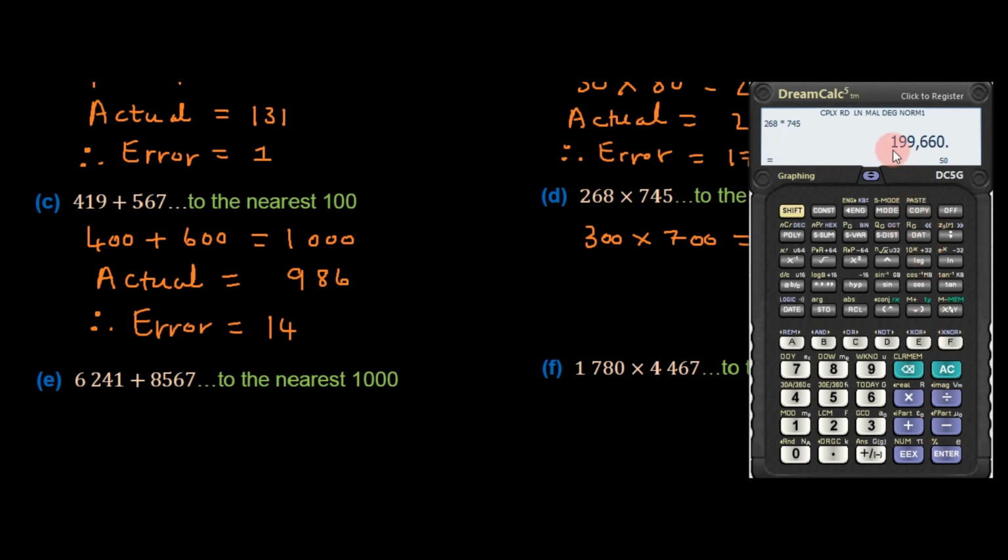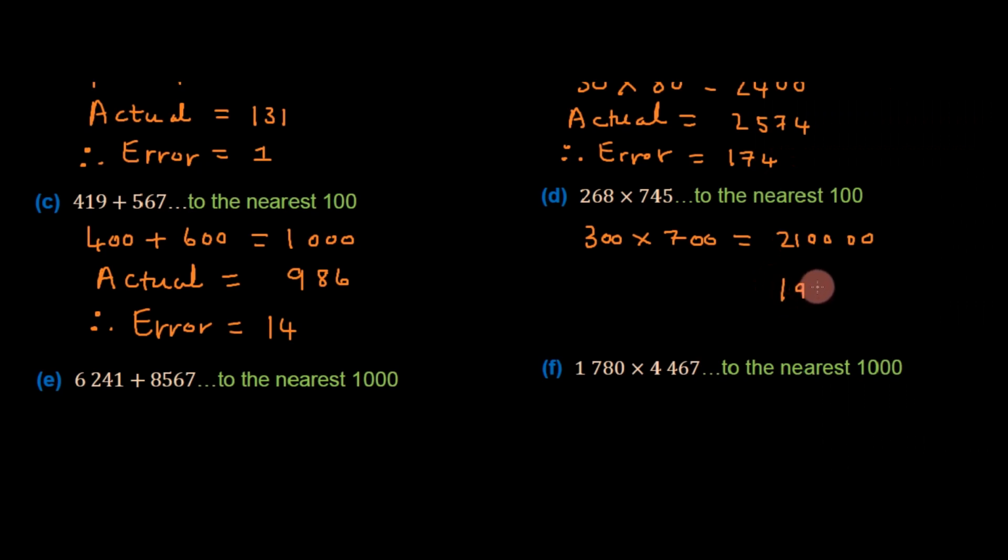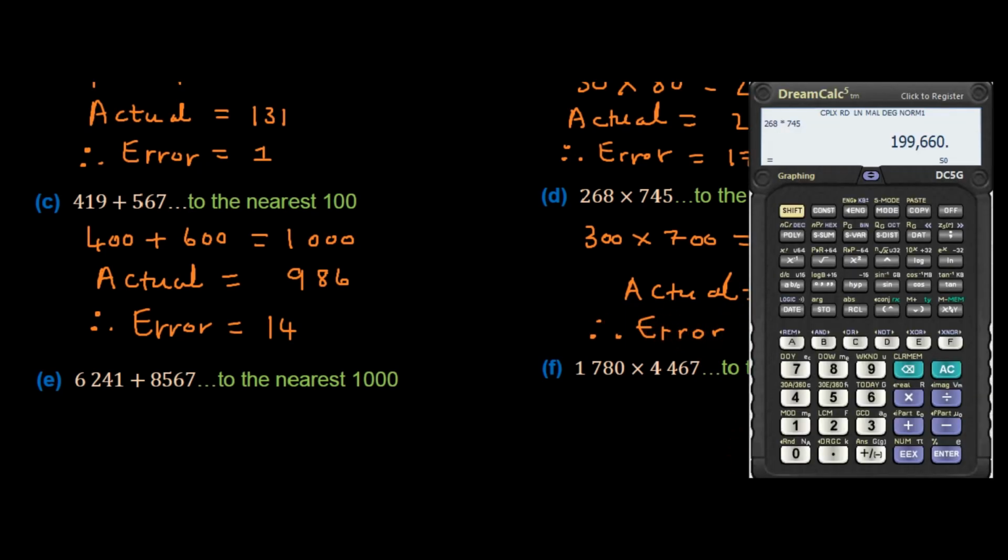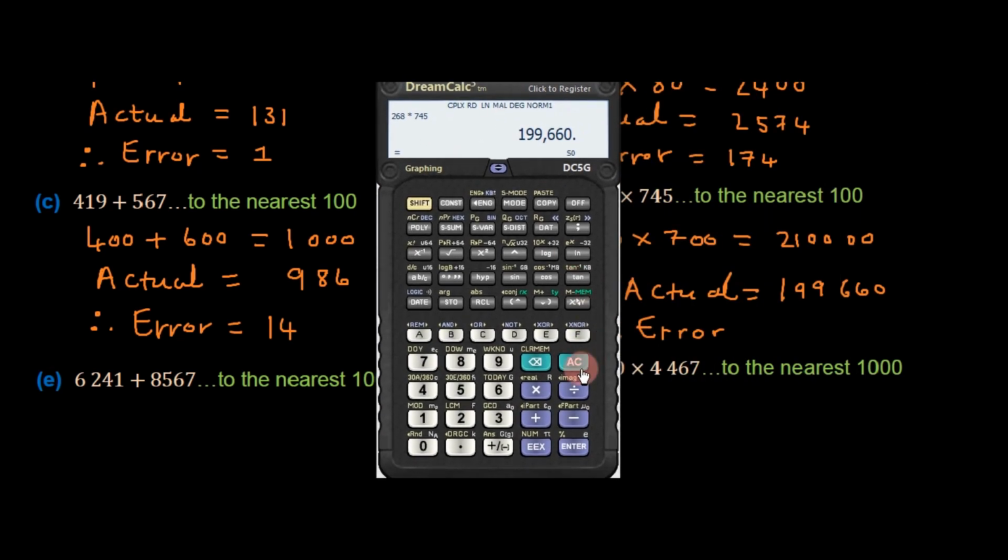Then the actual is 199,660. So then the error is 10,340.